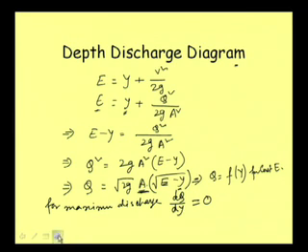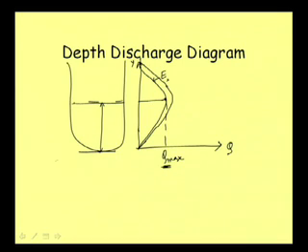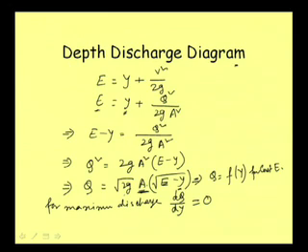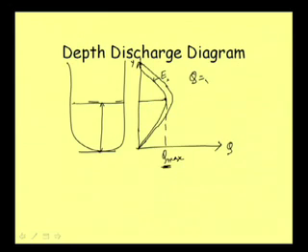So let me write here, q is equal to root over twice g into a into root over E minus y, and then what will be our dq dy?